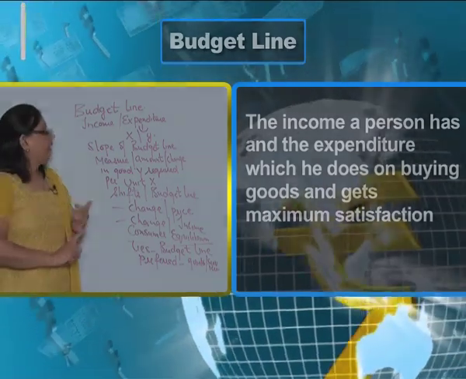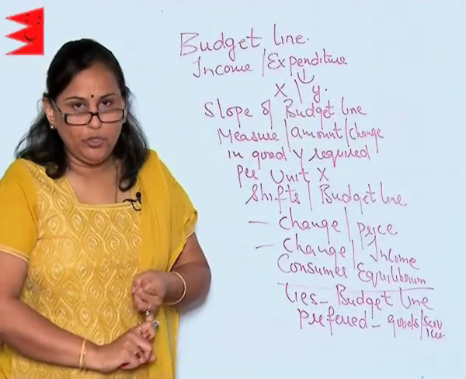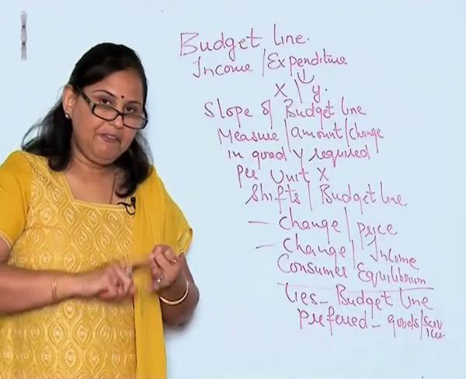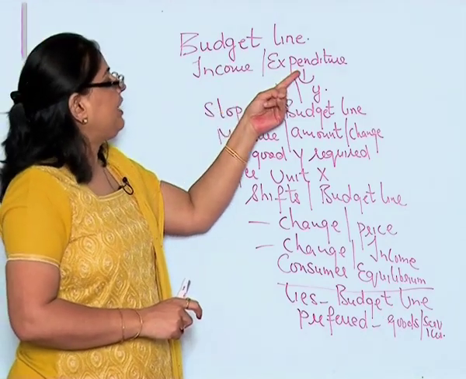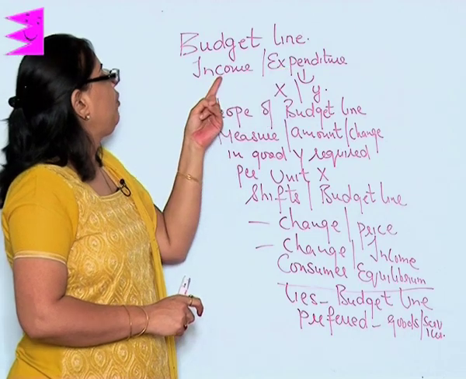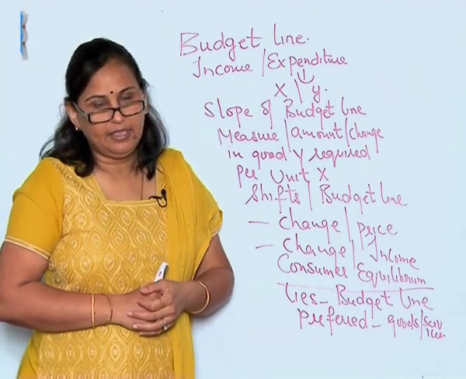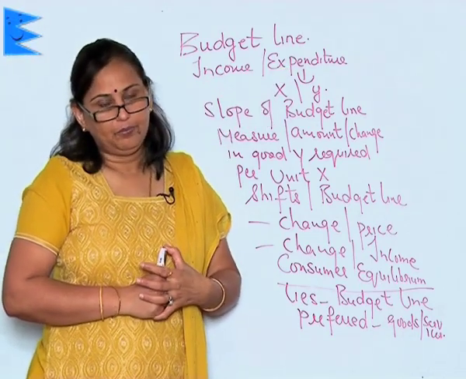Once again, the maximum utility derived by a consumer after the expenditure that he makes out of the income that he has is the budget line.